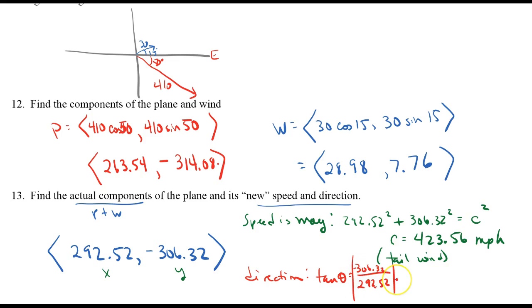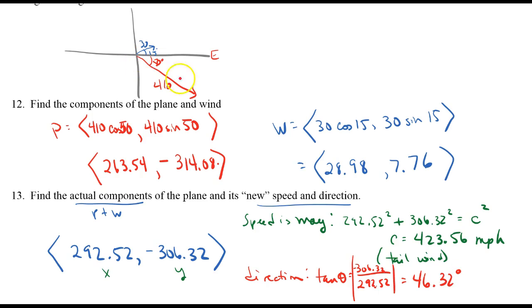Okay, so I could have done the tangent of the y over the x, and that's going to get me my angle. So tan inverse of 306.32 divided by 292.52, and that's getting me 46.32 degrees.